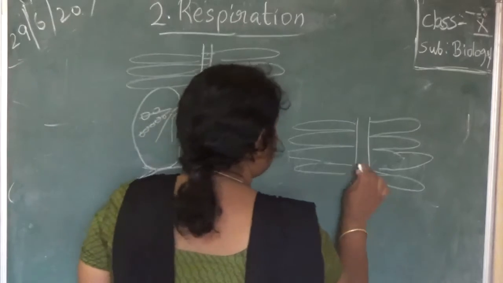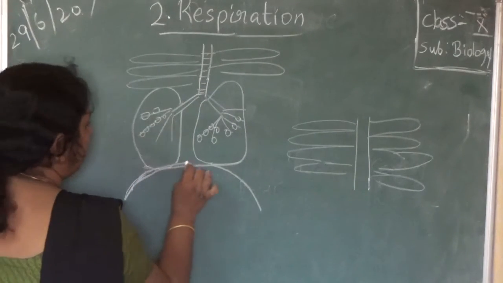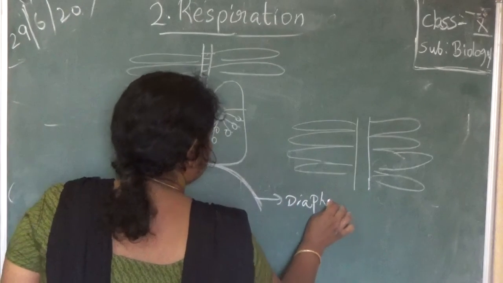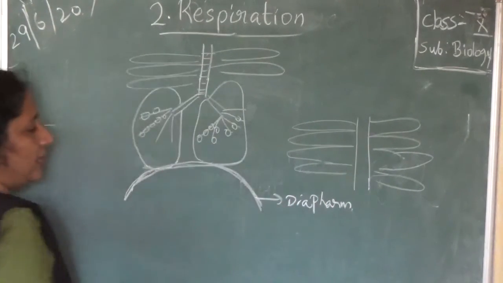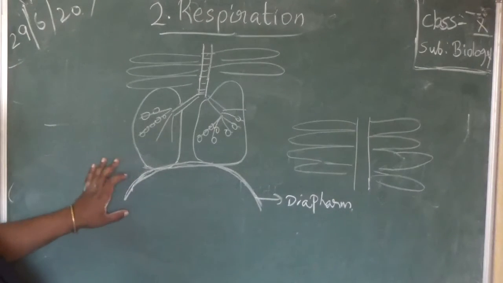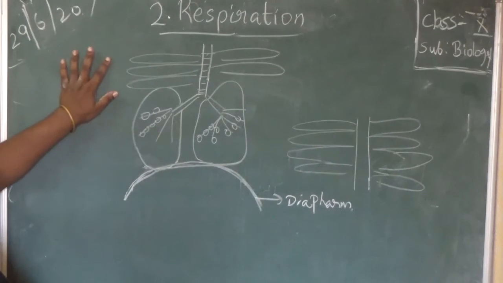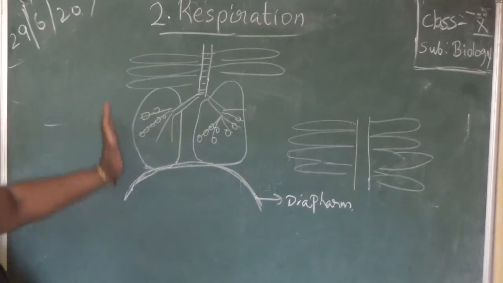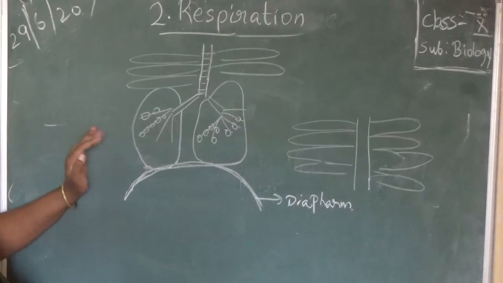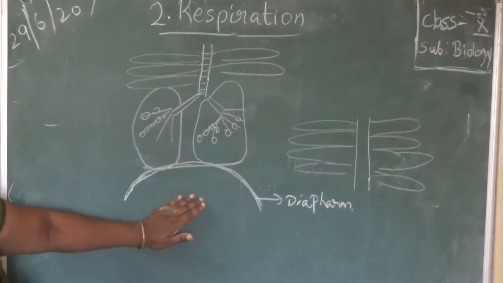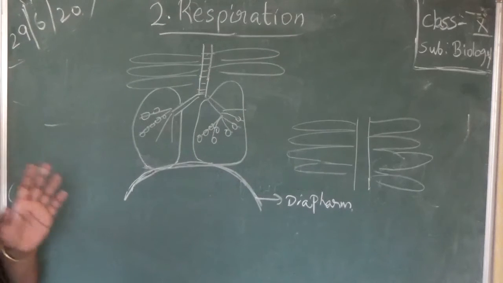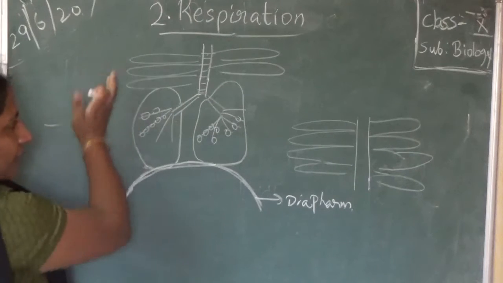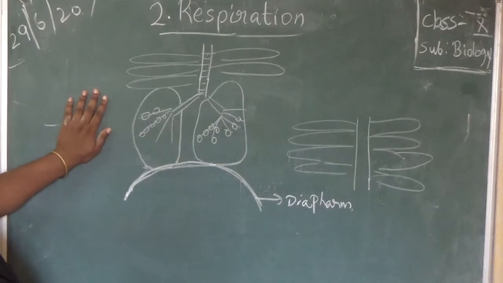In simpler form, this is our diaphragm. Above the diaphragm, the cavity is called the thoracic cavity, and below it is called the alimentary cavity.